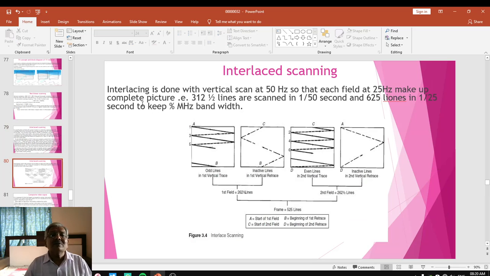So, interlacing is done with the vertical scan at 50 Hz so that each field is scanned at a 25 Hz rate to make up a complete picture.